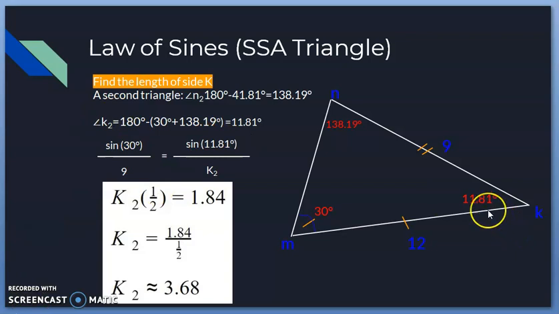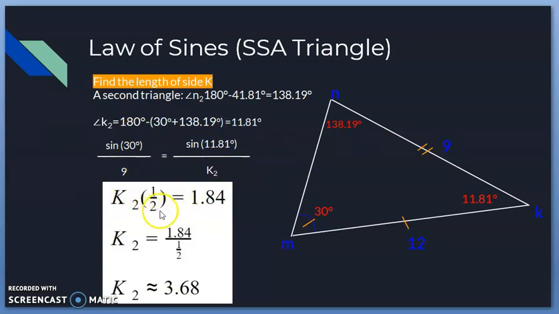So I'm just calling this K2 because it's different than the other triangle. But in order to find the angle of K, we'll do 180 degrees minus 30 plus 138.19 degrees, and that gives us 11.81 degrees. We'll put this into our law of sines. Again, we can use sine of 30 degrees over 9, and then we'll set the sine of 11.81 degrees over K2, since we're looking for the length of side K. So we're going to cross multiply this.